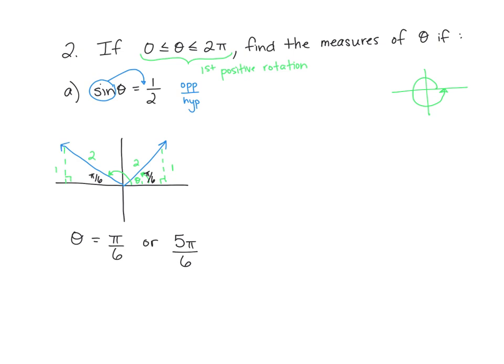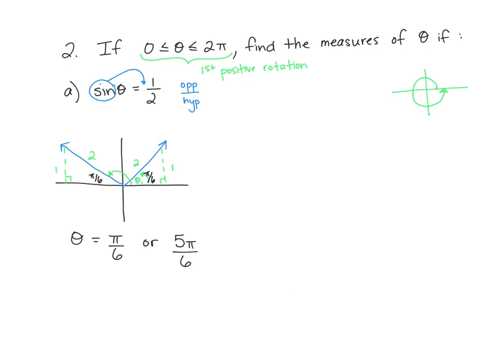So this is where we're going to move to with our next type of questions. Obviously, we're going to continue, when we're given our special triangles, to give exact values. So the expectation is that we are using our special triangles to give exact values when a special triangle can be used.